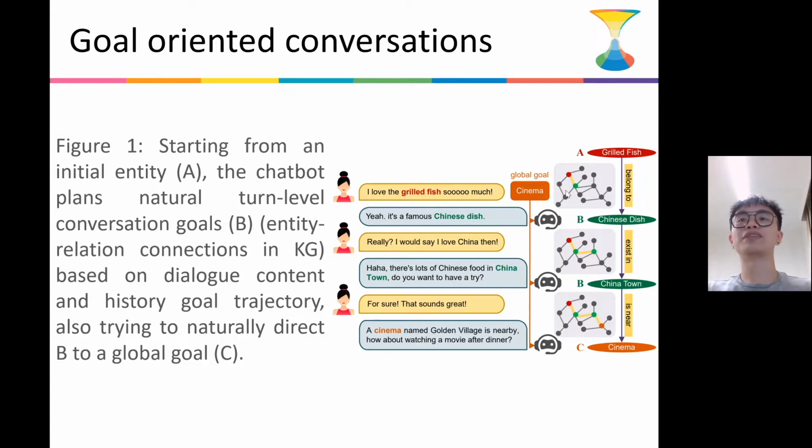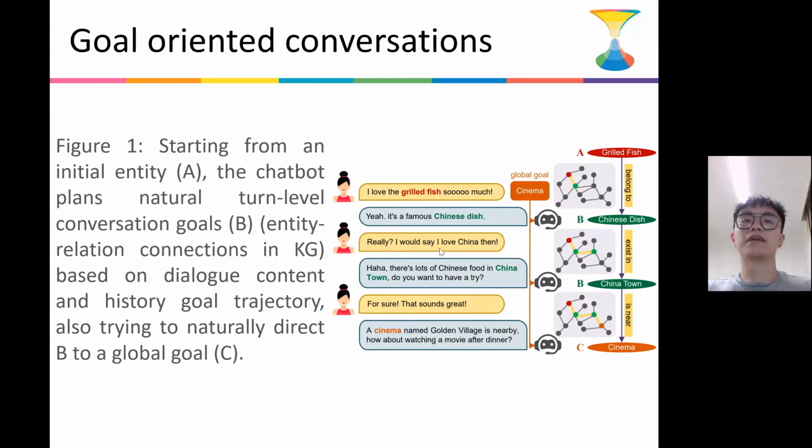Then it reasons over the knowledge graph and gives a response containing the green entity. The green entity is the entity that the dialogue system picks from the knowledge graph. In this response, the green entity is named Chinese dish. It's one of the entities in the knowledge graph.